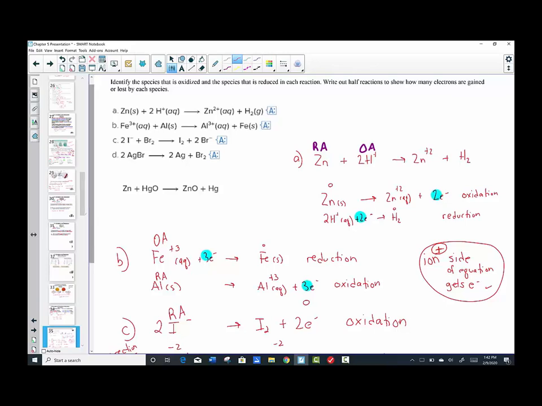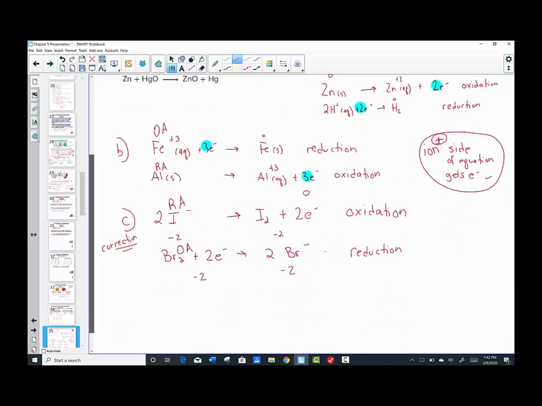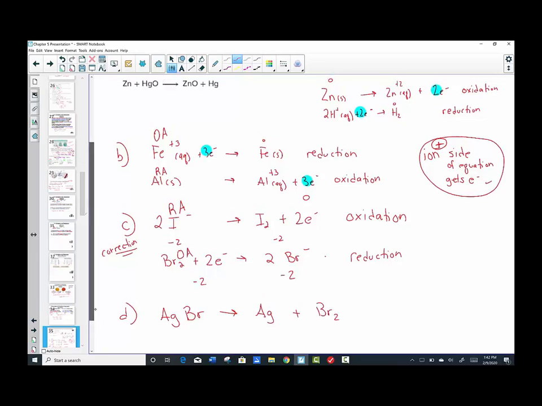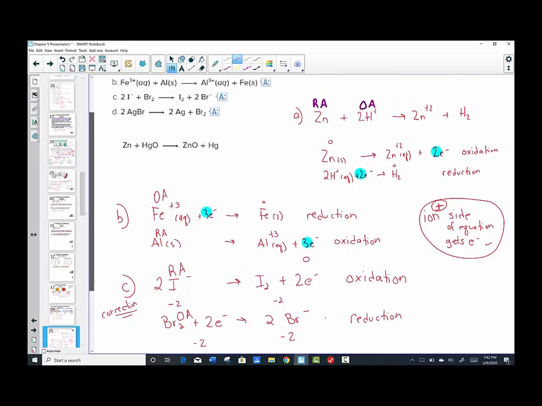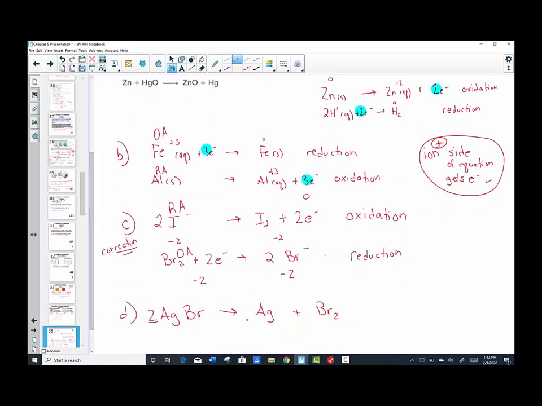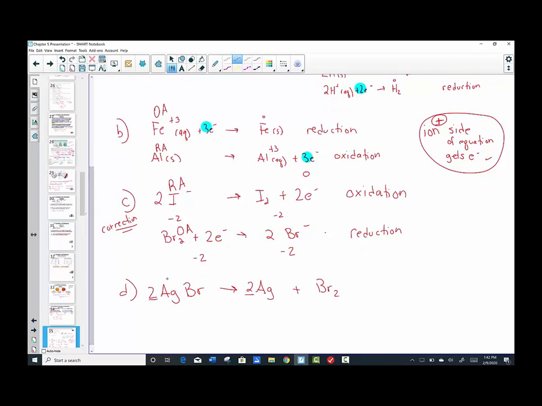That was C. I think I'll fit in D, silver bromide. So here, AgBr is now giving us the elemental form of both elements. Bromine is a diatomic molecule, so that's why you see it written as Br2, and then we had to go back and balance. Now, break these apart and keep in mind that silver bromide is an ionic compound built of charges. So to break this into its 2 half reactions, ionic compounds, remember these are charged ions.